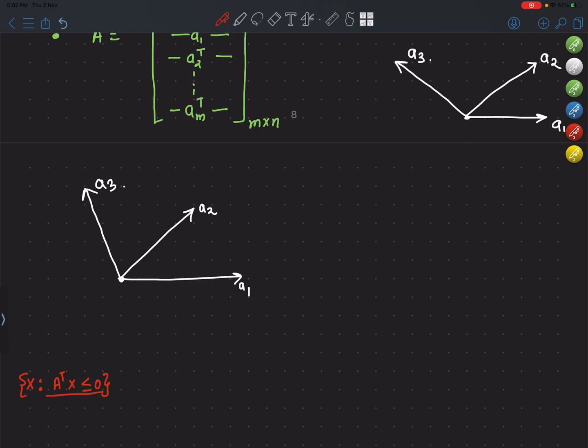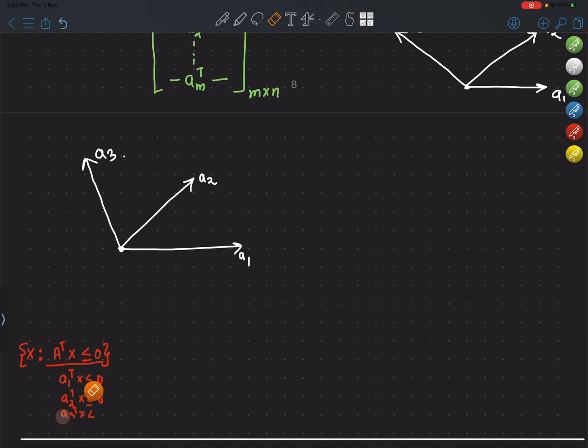Basically A transpose x less than or equal to 0 can be written as a1 transpose x less than or equal to 0, a2 transpose x less than or equal to 0, a3 transpose x less than or equal to 0, which means all those x whose dot product with a1, a2 and a3 is negative. So all those vectors x which make an obtuse angle with a1, a2 and a3. That's what this set means.